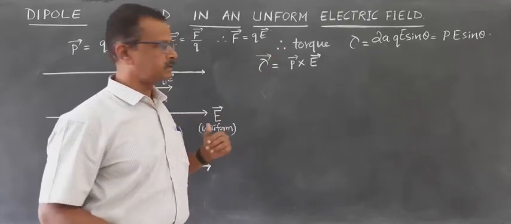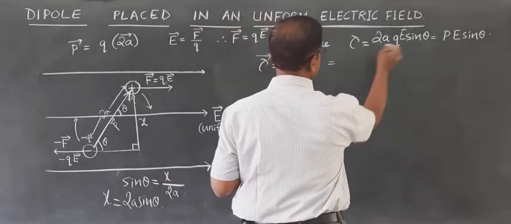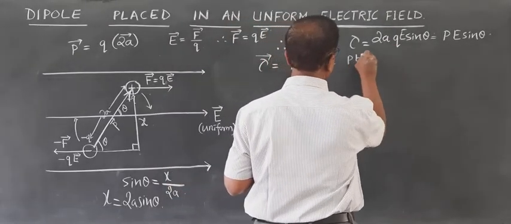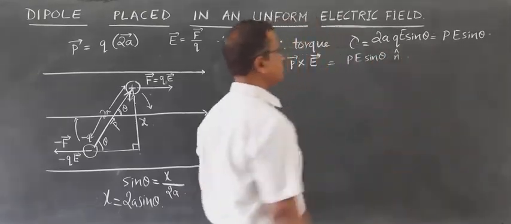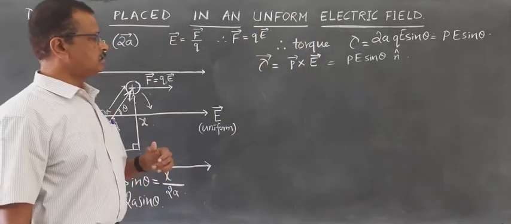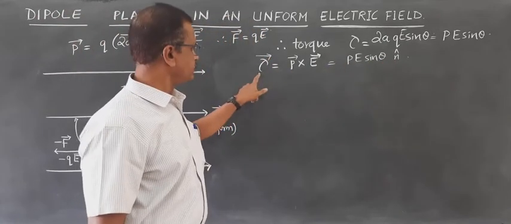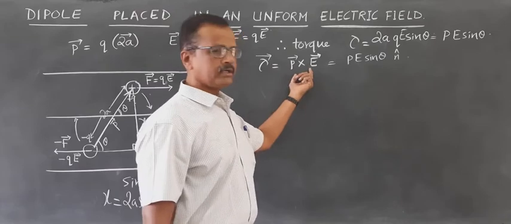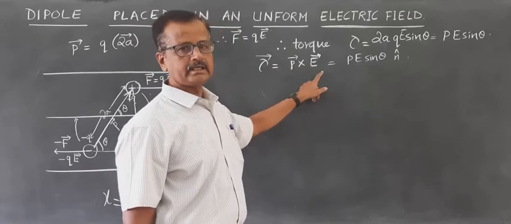If you expand this, you will get the same equation, pE sin theta into unit vector l. The unit vector l gives the direction of torque, and you see the direction of torque is perpendicular to both the p vector and the electric field vector.